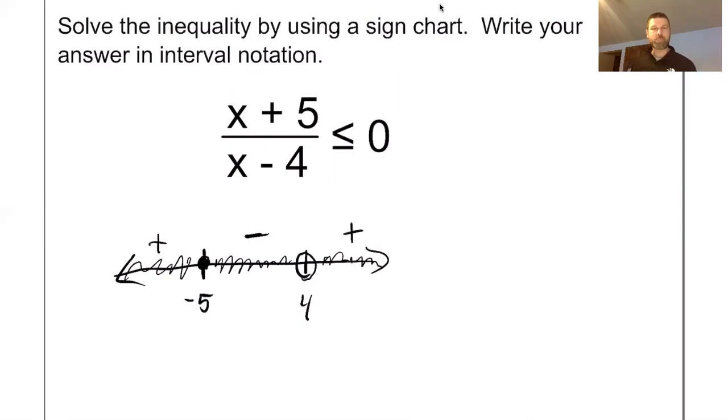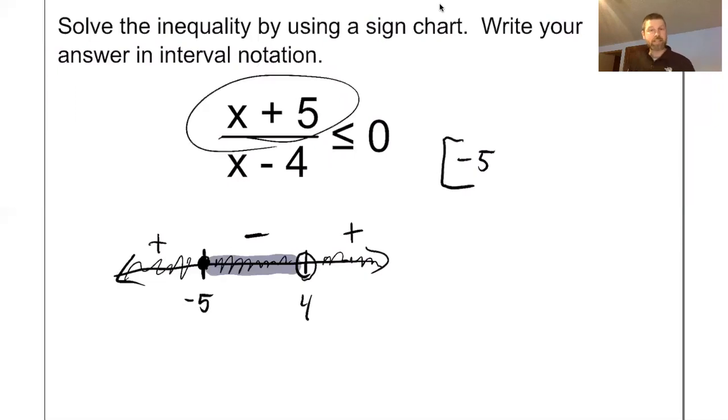The reason that's important is I was wondering about when this expression was going to be less than or equal to 0. Well, when it's less than or equal to 0, that's when my values are negative. It's only going to happen over this interval. Then all you need to do is decide whether to include the negative 5 and the positive 4. In this case, we are definitely going to include the negative 5 because that's where my function's equal to 0, right?